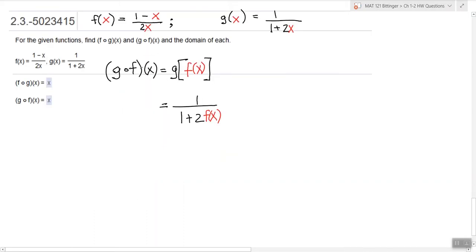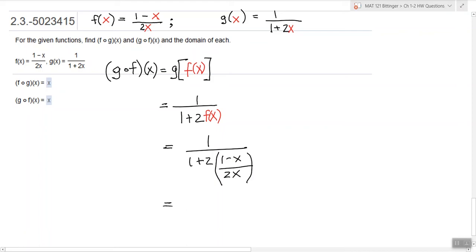Next we're going to find g composed with f. F is closest to the x, so that's the function that is fed into g, which is on the outside, furthest away from x. So g is 1 all over 1 plus 2 times f of x, because that's what we're feeding in, and that is going to give us 1 in the numerator, all over 1 plus 2, and now I've got to put f in here, so that's 1 minus x all over 2x.